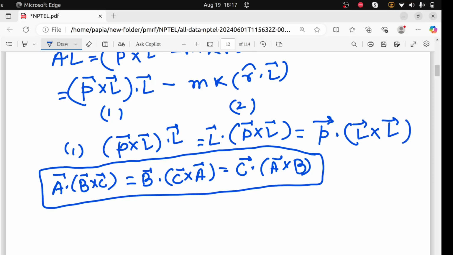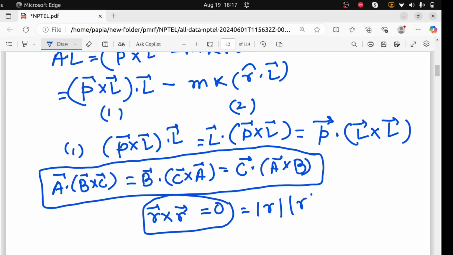Now you can understand any vector crossed with the same vector will always give a 0 answer, because the angle between these two is 0. I can just write it here: this is mod R, then mod R, then sine 0. So obviously it will give a 0 value.